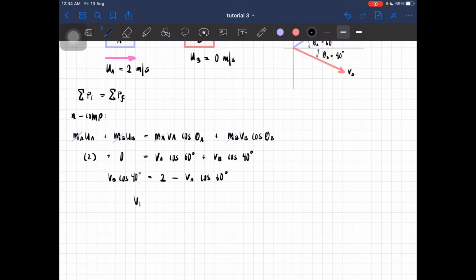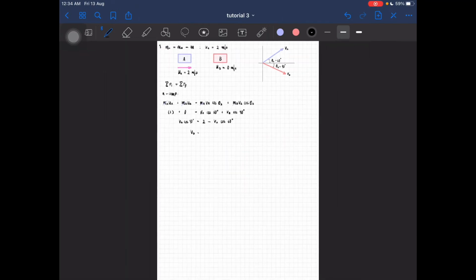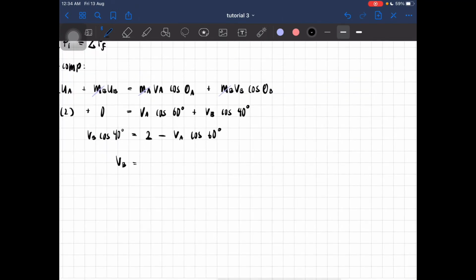So VB, yeah, the answer scheme was missing VA. So VB equals 2 minus VA cos 60 degrees over cos 40 degrees. So this is our equation 1.